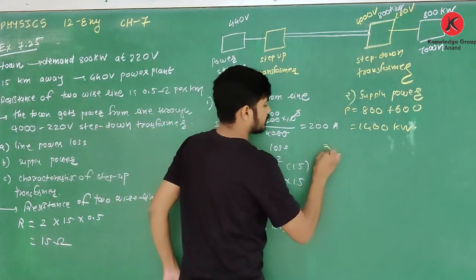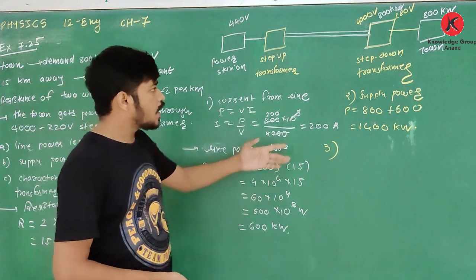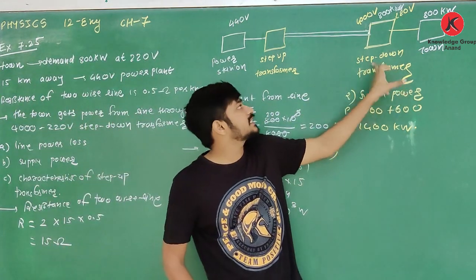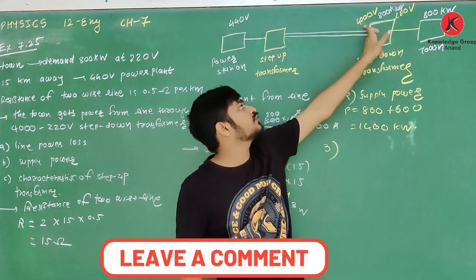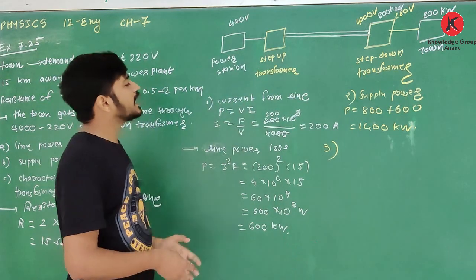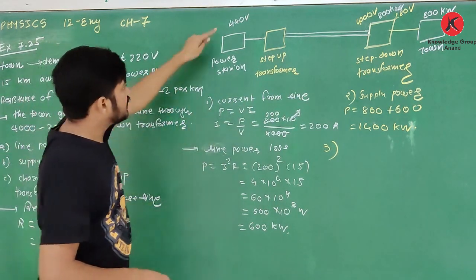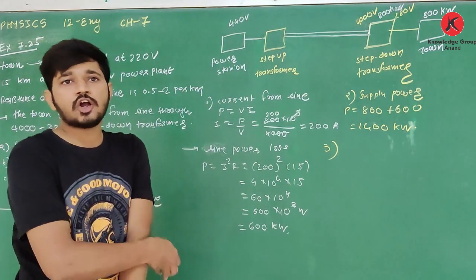Now the third one. What are the characteristics of the step-up transformer? See, the step-down transformer's characteristics are 4000 to 220, which means it decreases voltage from 4000 to 220. So what are the characteristics of the step-up transformer? Input is 440, so what is the output?